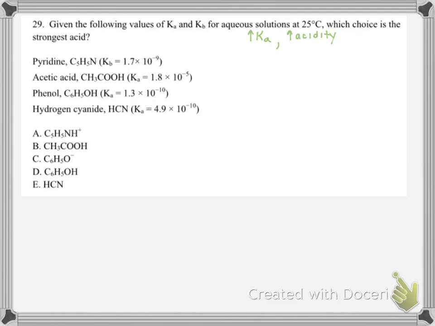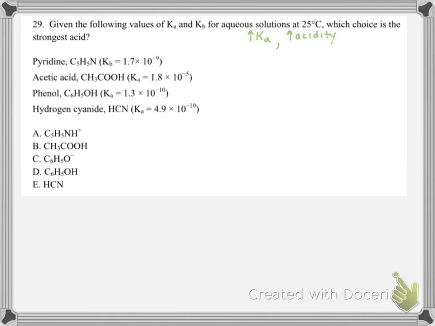Okay, for number 29, they want us to pick the strongest acid, and they give us Kas and Kbs. So we know that as Ka increases, the acid strength increases also. So we want to pick the option with the highest Ka.